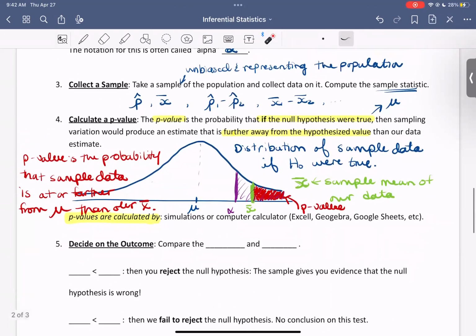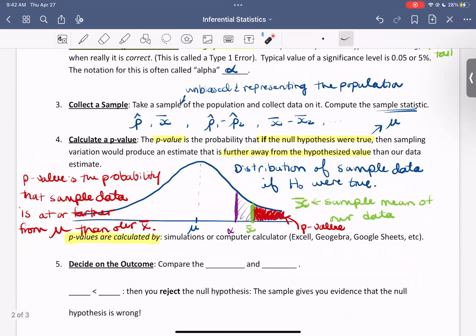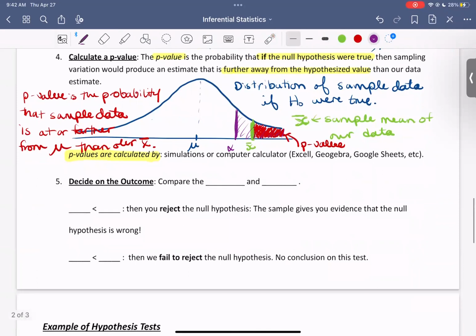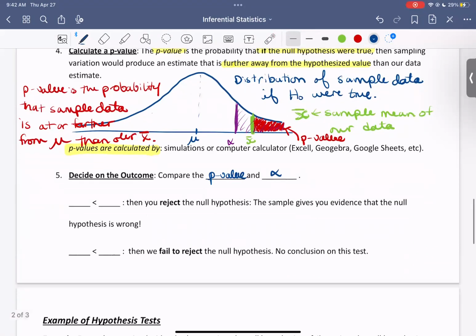All right, so after collecting that sample statistic and finding the p-value for that sample stat, now it's time to decide the outcome of our test. So how do we decide that outcome? We compare that p-value with the significance level alpha. And what happens?